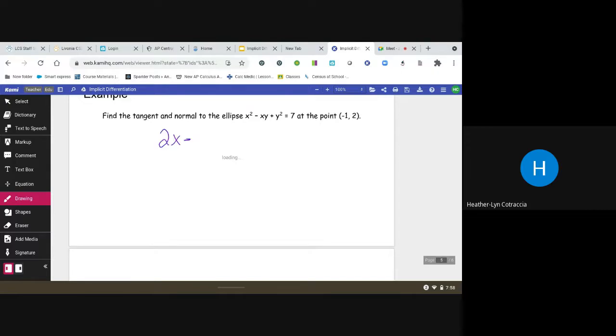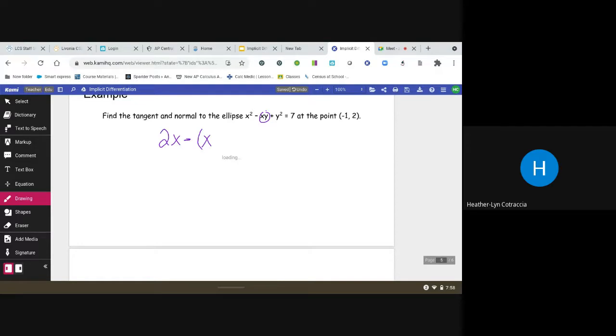Now this is tricky. So I am going to implore you to please read this carefully because I know what you all want to do and it's wrong. If you read that middle term right there, that would say x times y. If you read that as x times y, then we do need a product rule. Okay, so product rule says the first times the derivative of the second.